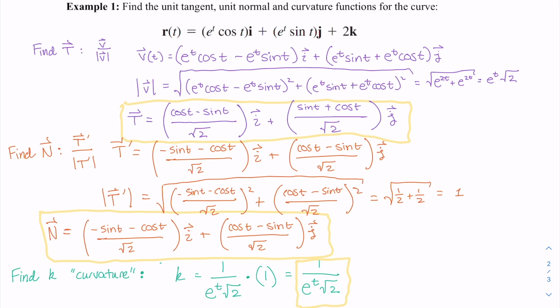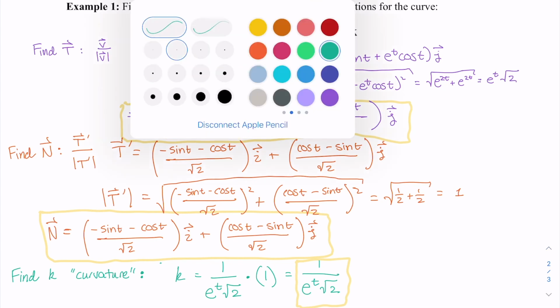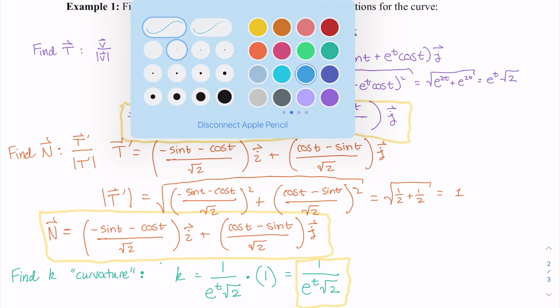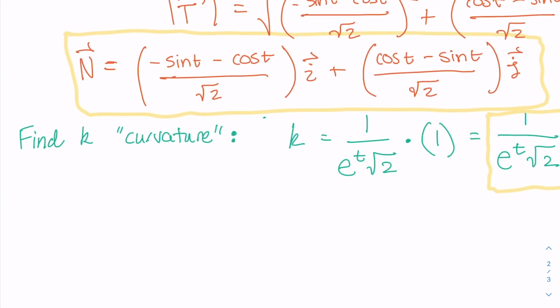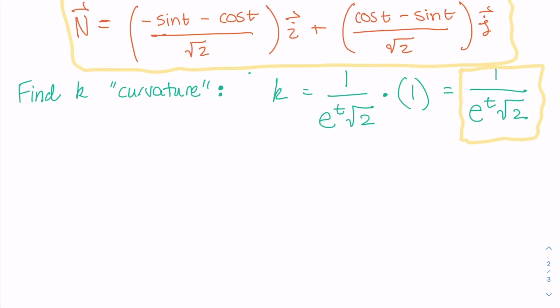And just for fun, it wasn't asked for in the question, but let's calculate what the radius of the kissing circle at every point would be. So calculate lowercase rho, or rho.